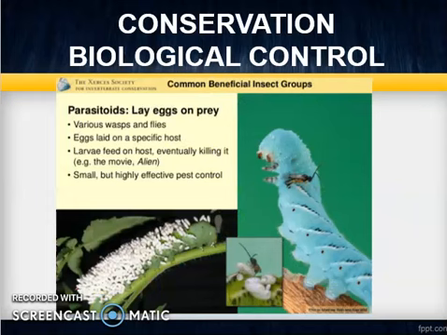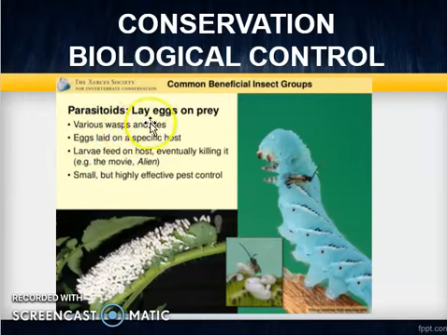Okay, students, let's continue our discussion about the second group of beneficial insects that we can use in agriculture, whereby this kind of insect attacks another insect. When it attacks an insect, it will inject its eggs into that prey. The next characteristic of the second group of beneficial insects, the first one: wasp and fly.